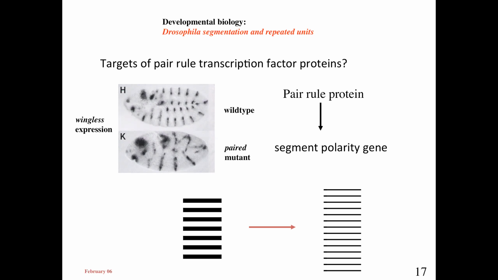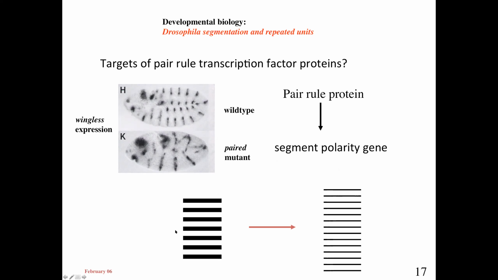Okay, so now from the 7 stripes of the pair rule genes, they were red. Each of them was then split into further divisions, and this would make it 14 stripes, because there are 14 striped expressions of the segment polarity genes.